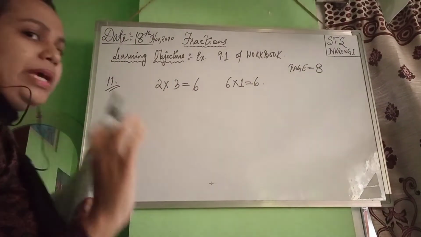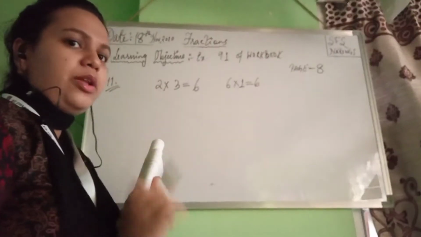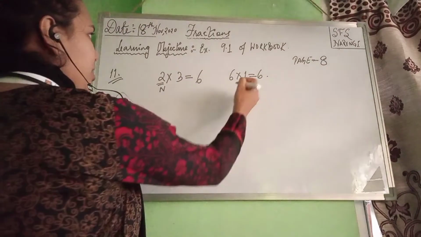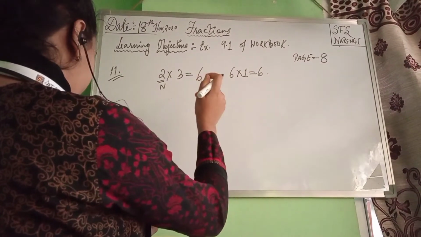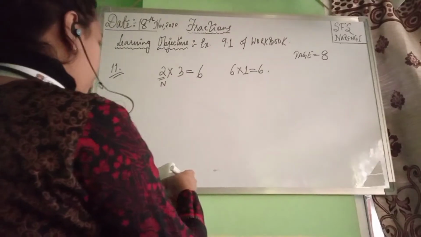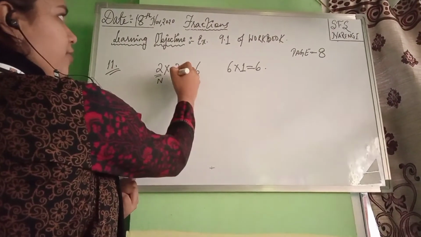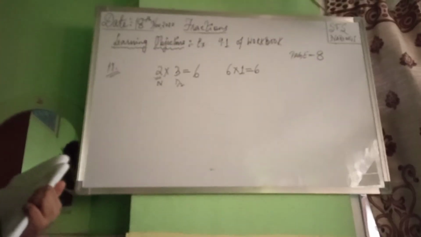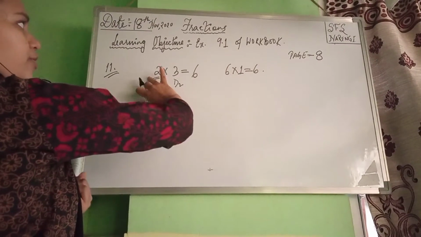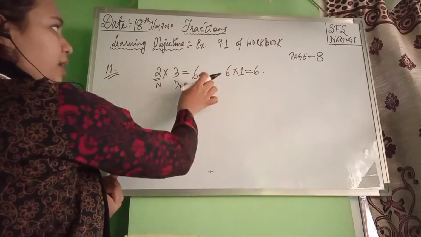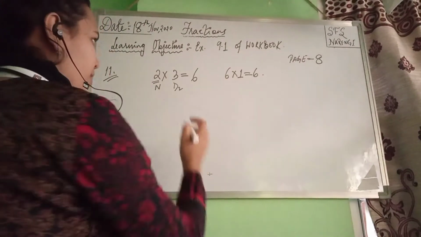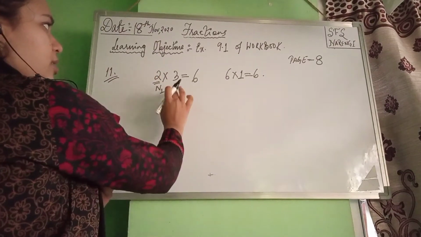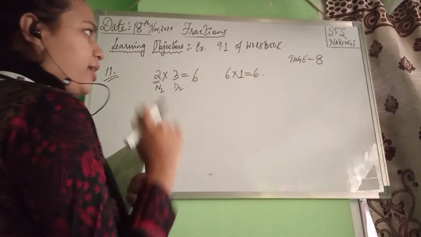We know that if two fractions are equivalent, then the numerator of the first fraction is multiplied by the denominator of the other fraction. So if 2 is the numerator of the first fraction, 3 will become the denominator of the second fraction. Let n1 be the numerator of the first fraction, d2 the denominator of the second fraction.